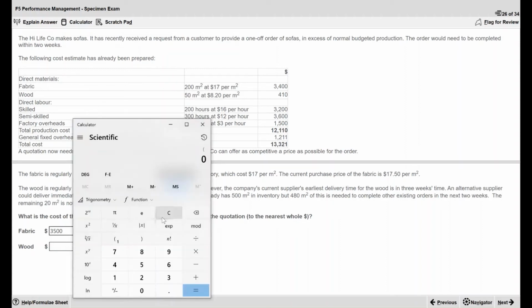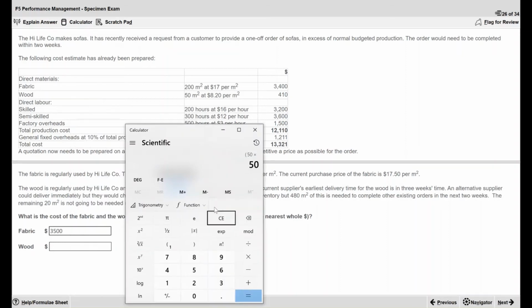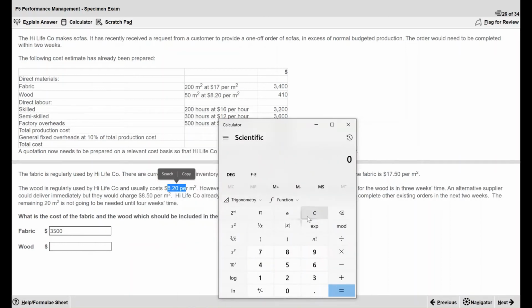So 50 multiplied by, sorry, 30 multiplied by 8.20 plus, no, it is the other way. 30 multiplied by the new price, because we don't have it from the alternative supplier, and 20 multiplied by 8.20.